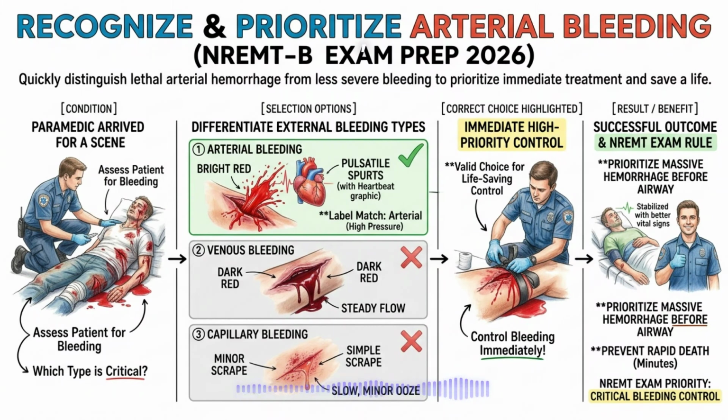Venous bleeding is dark red and flows steadily, while capillary bleeding is a slow, minor ooze typically seen with simple scrapes. The exam will expect you to prioritize bleeding control over everything else, treating massive arterial hemorrhage before you even open the airway.